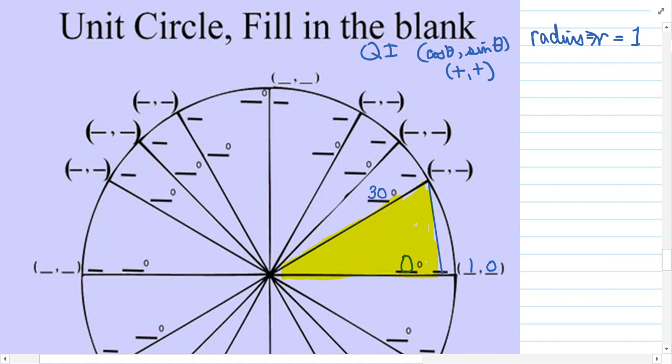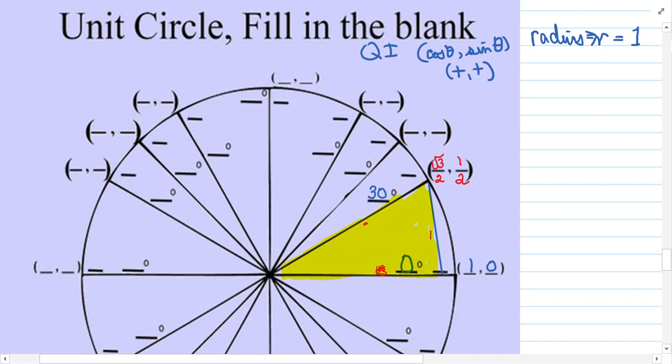And I would have, this would be the square root of 3, this would be the 1, and this would be what we need. So let me look at that. So we would have the square root of 3 over 2 and the 1/2 for the values of the 30 degree.